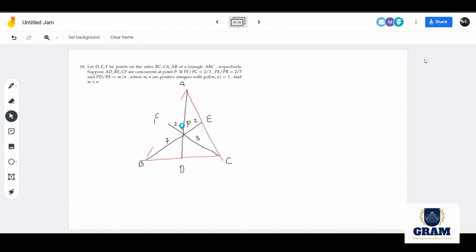And then, yeah, 45. And the mass at C should be 2 into 9, that is 18. No, the mass at P is 45 and the mass at C is 18.